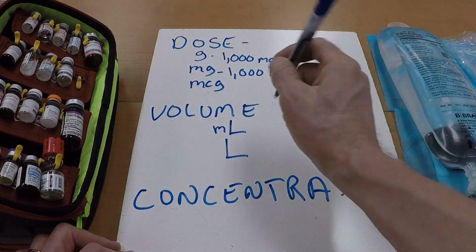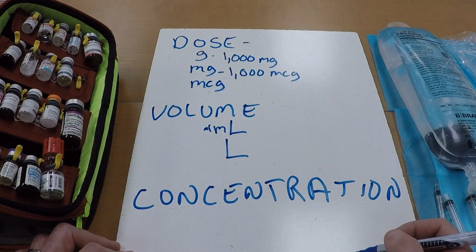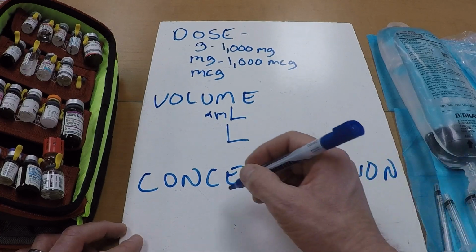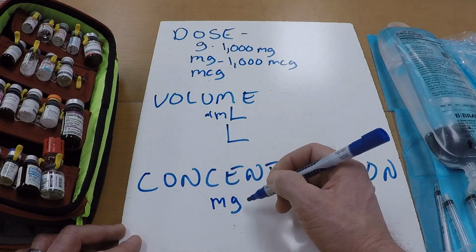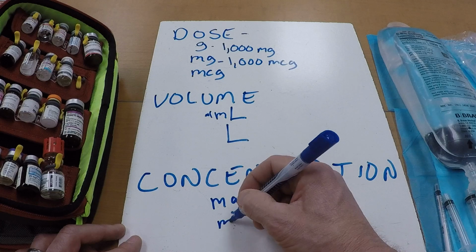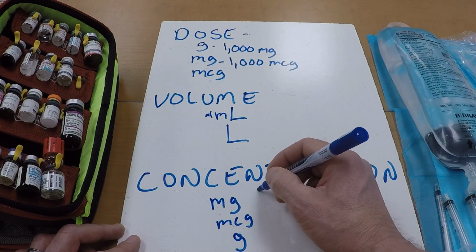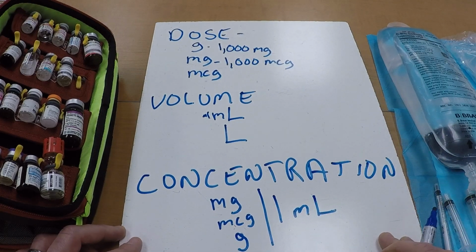Most of the medications that we're going to calculate to administer are in milliliters. The concentration is the amount of a drug, and we'll just say milligrams or micrograms or grams in 1 milliliter.